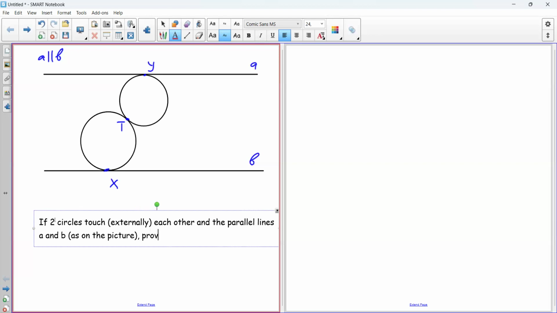Prove that the touching points X, Y, and T are collinear, or belong to the same straight line.